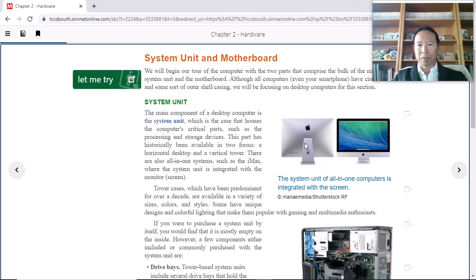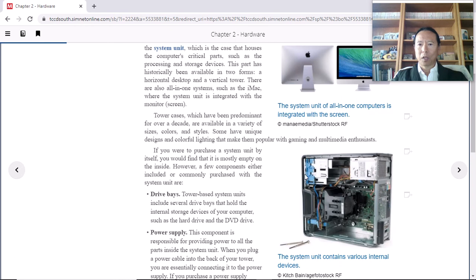That's your Apple computer. This is a non-Apple computer. System unit for desktop. We call this box a system unit. They're telling you there is also an all-in-one system such as the iMac. This all-in-one system puts the system unit as a portion of your monitor.